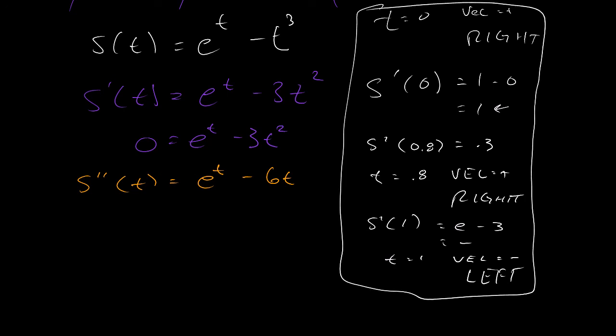Well, now we need to talk about speed. So we need to do the same thing with our second derivative. So second derivative of 0 is going to get us, once again, 1.